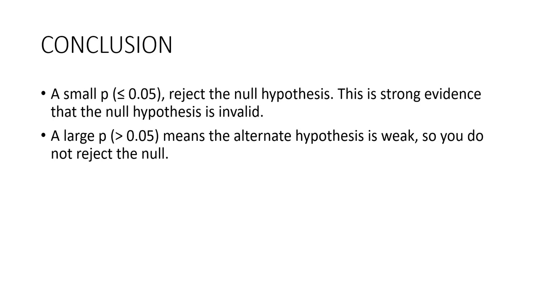A small p, that means less than or equal to 0.05, all right, reject the null hypothesis. This is strong evidence that the null hypothesis is invalid. 0.05 means it is 5%, right? A large p-value, that means p is greater than 0.05, means the alternative hypothesis is weak, so you do not reject the null.